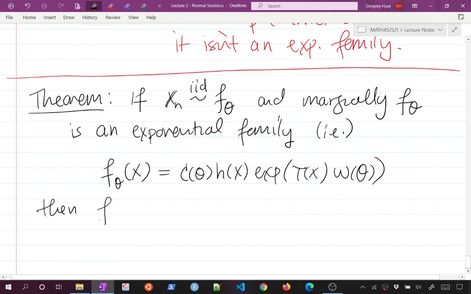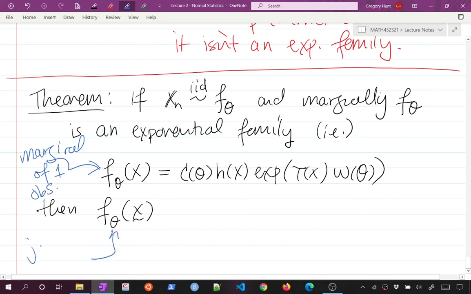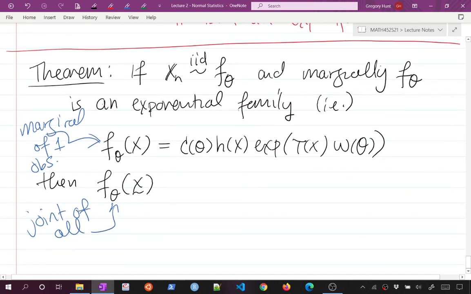Then, if I look at now the joint, so this is the marginal of one observation, and this is the joint of all of them. If the marginal can be factored in this exponential family way, then the joint is an exponential family.